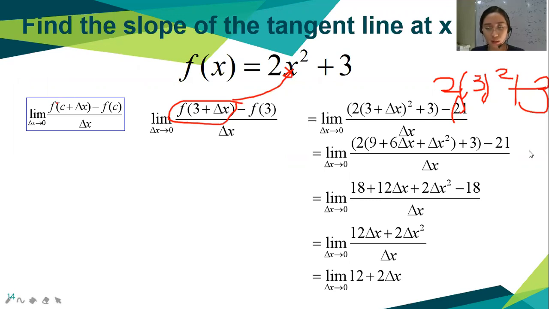Plus 3 minus 21. Simplify. Then the answer is the limit as delta x approaches 0 of 12 plus 2 delta x. Since delta x is approaching 0, the final answer is 12. If we substitute 0 here, that term becomes 0. So the final answer is 12.